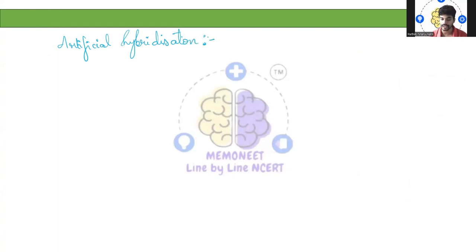In artificial hybridization, to make sure that only the desired pollen grains are used for the pollination, the stigma is protected from unwanted contaminating pollen grains.